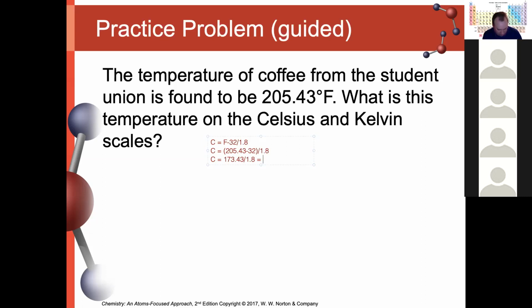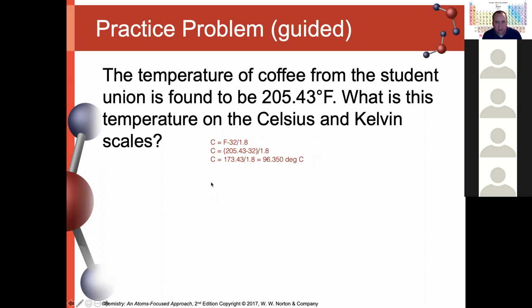So we get 96.350 degrees Celsius as our mark there. Where the sig figs come from: I've got 5 sig figs off of the temperature, and these others are all exact numbers, so I should have 5 significant figures coming out of the calculation at the end.